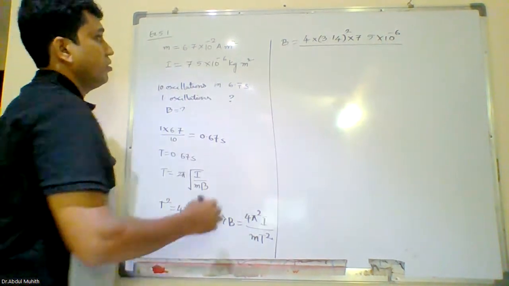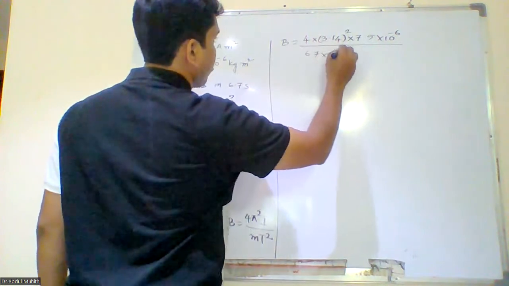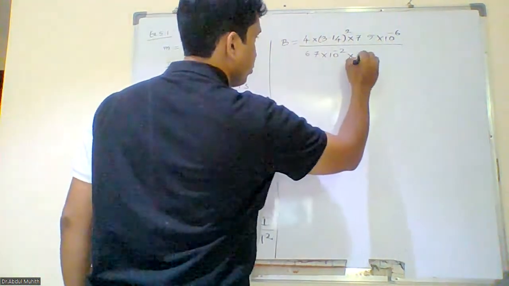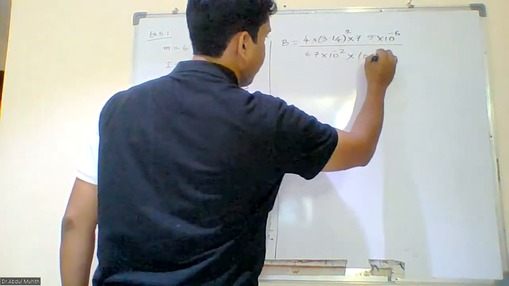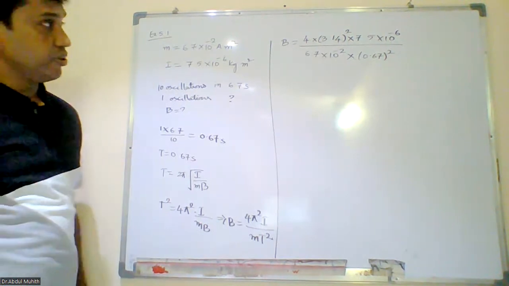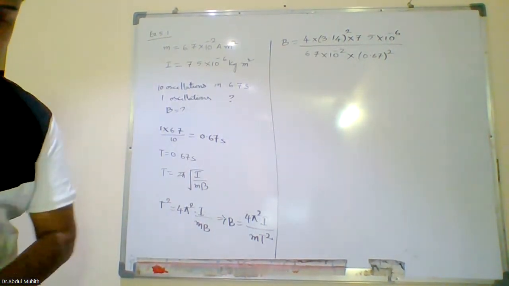M is 6.7 into 10 to the power of -2. Time period T is 0.67, whole square. When you substitute all the values and solve it, we'll get the magnetic field value.